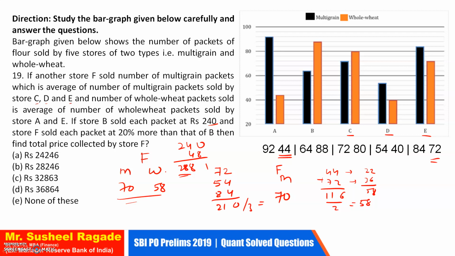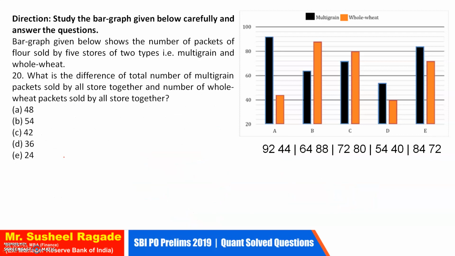So the unit place is 4, because 8 into 8 is 64. That's why the answer is this. In this kind of question there might be some risk, but you can take the risk because there is a trade-off between all these values. What is the difference between the total number of multigrains? So these are very easy questions.